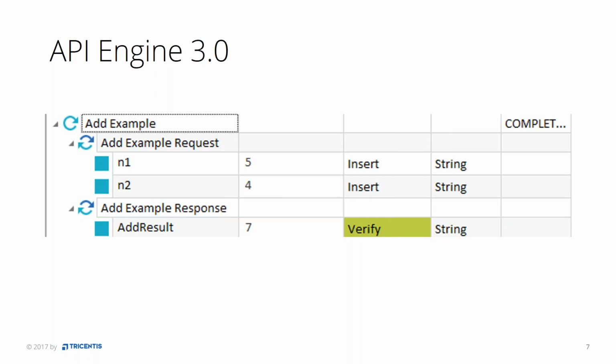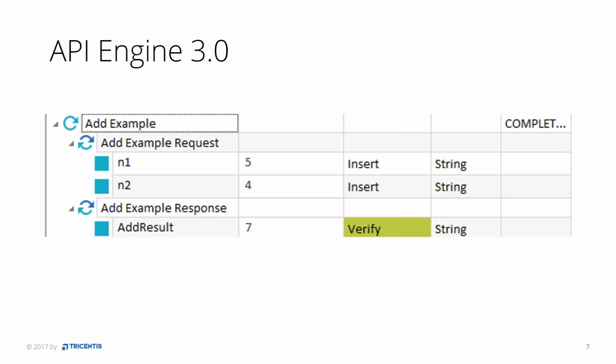As I said before, this is the same test case as the previous one, just optimized through our API engine 3.0. You can see from the last slide to this slide just how much better it looks, not only from a look perspective, but from a feel perspective.